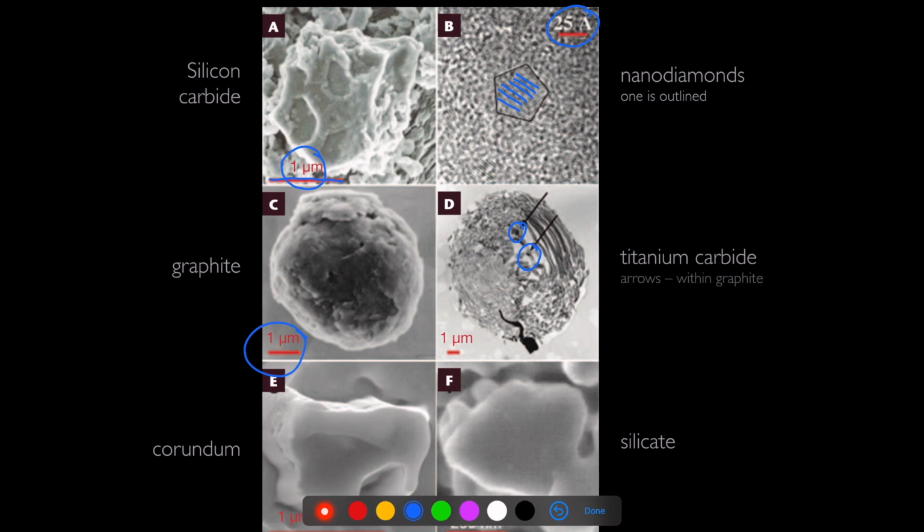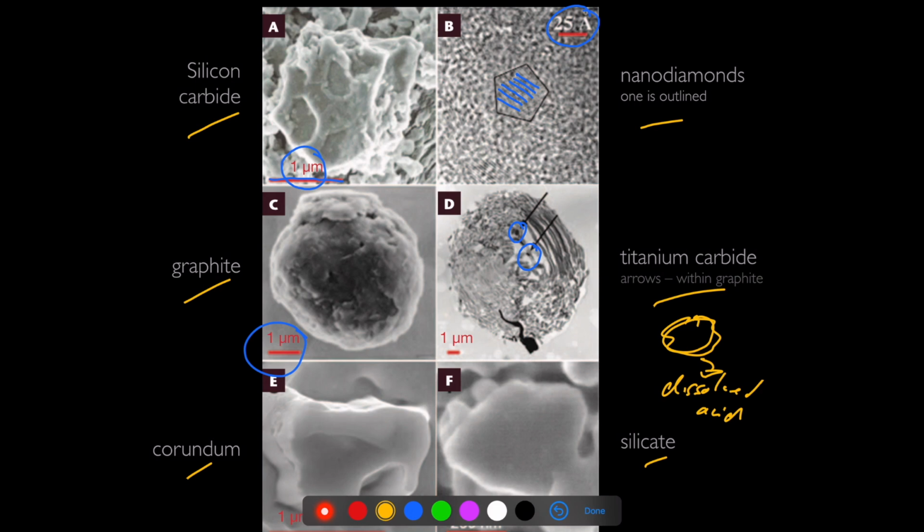So what you can see, and which is important, is that most presolar grains so far are actually not silicates. So silicon carbide, nanodiamonds, graphite, titanium carbide, and corundum, but also silicate. The reason for this is that previously meteorites have been dissolved in some acids, and the residues are non-dissolvable material, which is all the silicon carbide, titanium carbide, and so on.